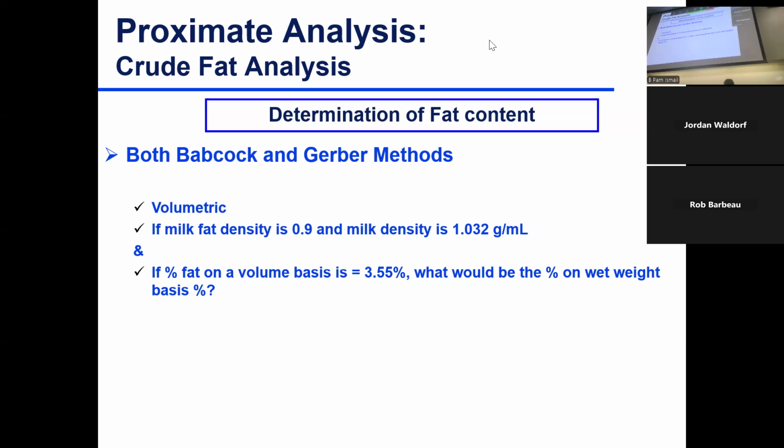So now I have 3.195 in 103.2 grams, times 100 will give me a percentage.